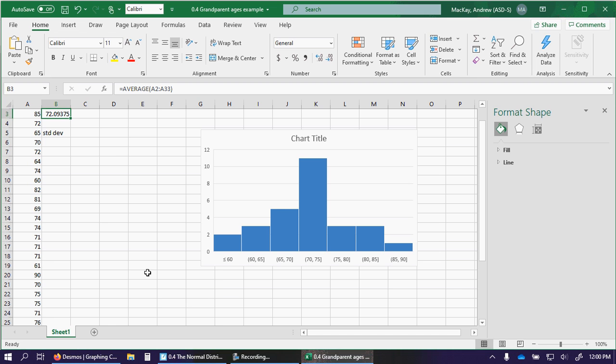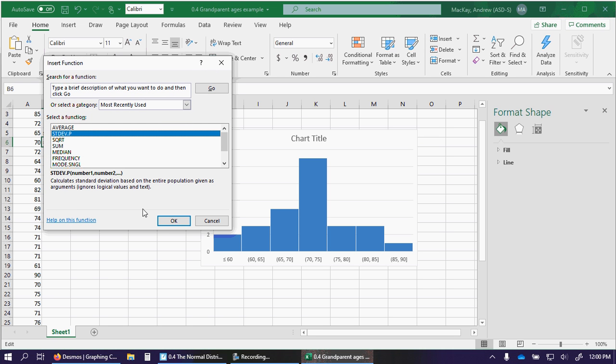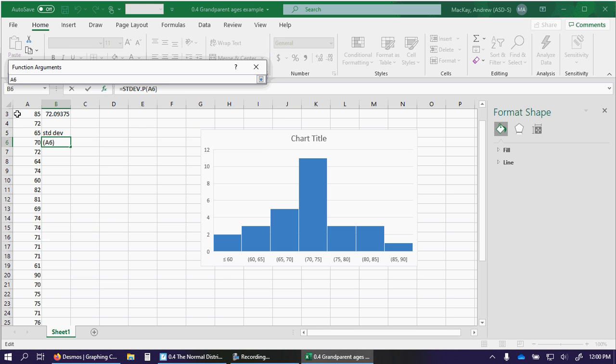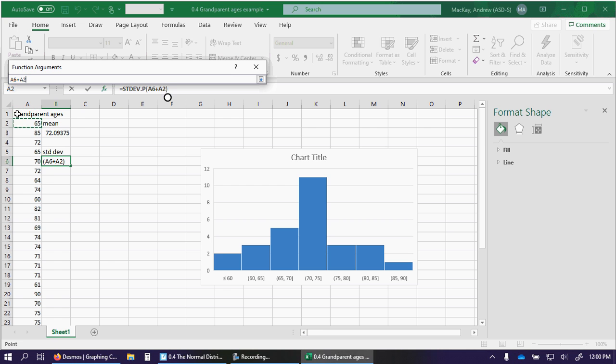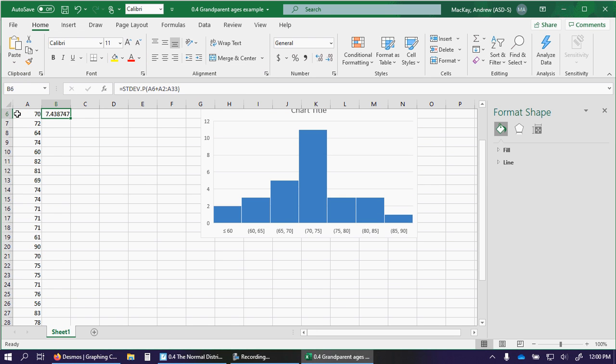And the standard deviation, the two things that we're going to use the most, is 7.5.